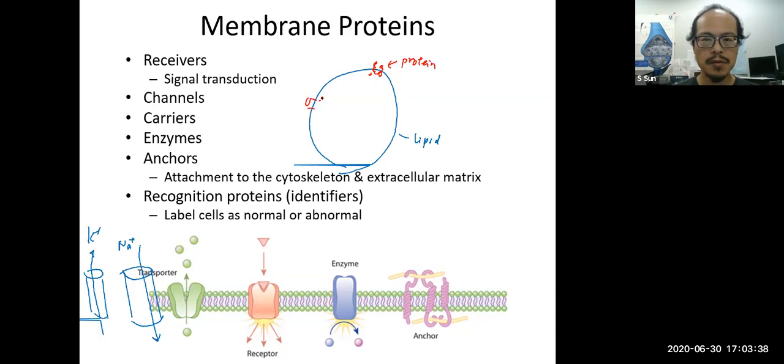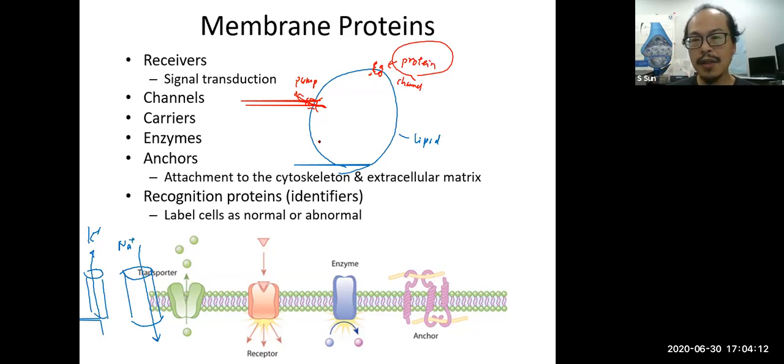Pumps can pump things in and out. Things can be diffused or can be pumped. Or here, if it's a channel, it basically allows diffusion across. But all these are proteins.